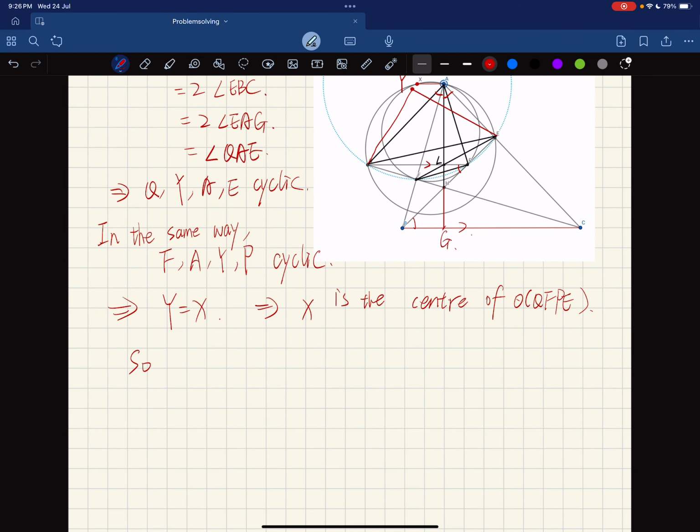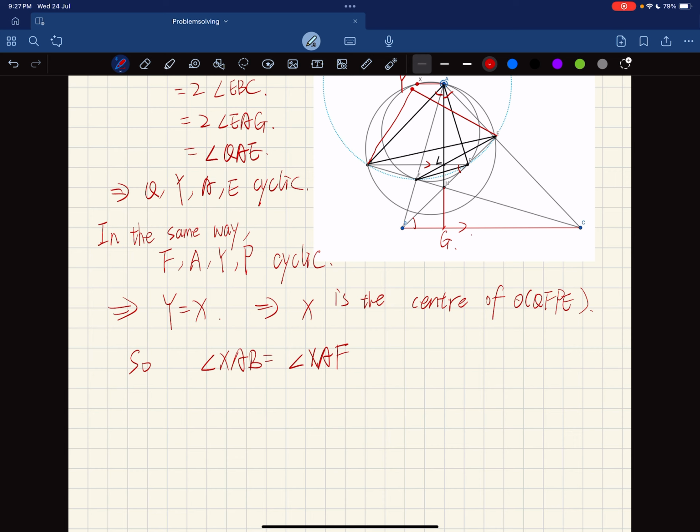So the angle XAB equals the angle XAF. It's all obvious.